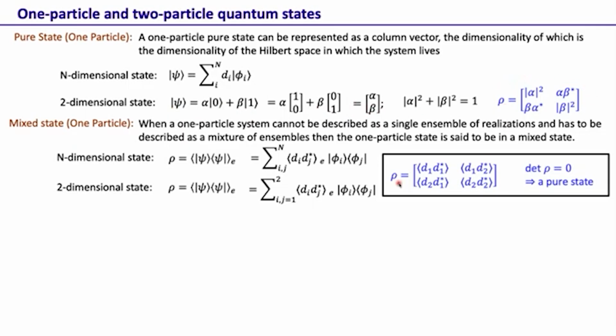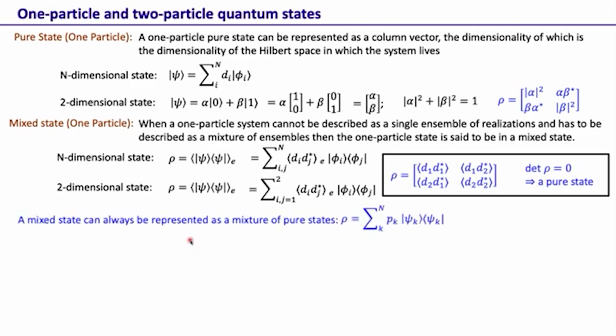But when we do have a mixed state, then of course this is not just a product of alpha and beta; it will have an ensemble average here, and that's what makes the difference between a pure state and a mixed state. So that's the one particle mixed state. Now, a one particle mixed state can be represented as a mixture of pure states. For this rho, we can always find a basis.